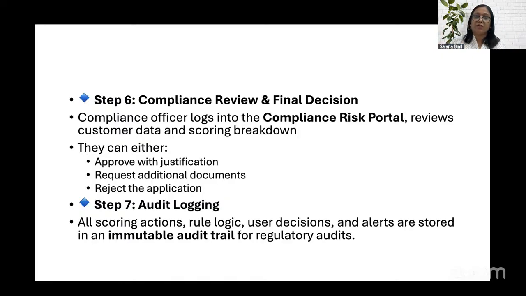Although in this to-be process the system is giving a score to the customer, all that scoring logic and the actions, the decisions, everything gets stored in an audit trail for regulatory audit. So anytime any question arises about why a particular score was given to this customer, you can look at the audit trail.